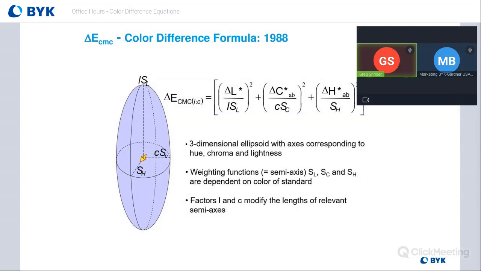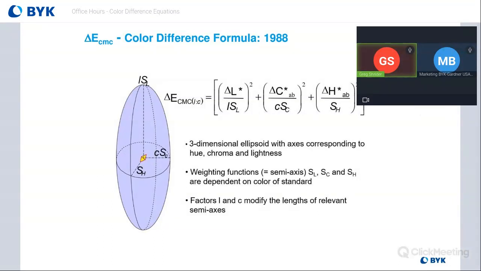What is the difference between CMC from 1988 and CIE from 1976? So all of these tolerancing systems are all using the CIELAB color space. So the color space does not change. The way that you calculate delta E does change.